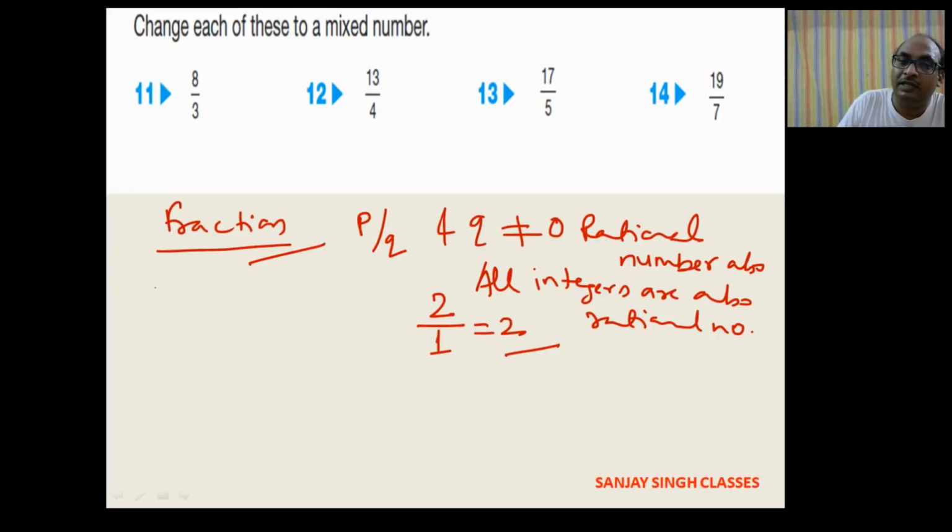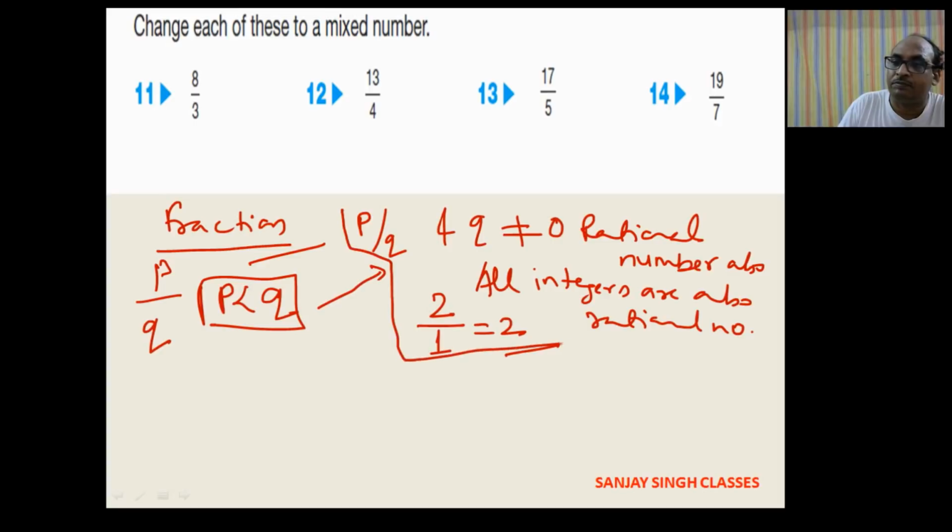In a fraction, the denominator part will always be greater. It will be in the form P by Q, right? But here the condition is that P should always be smaller than Q. Whereas this condition is not applicable for a rational number. P smaller than Q is not applicable for a rational number. It may be or it may not be.